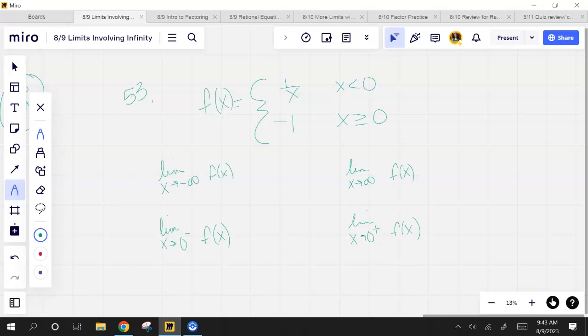Could I say that the limit as x goes to infinity of f of x equals 5 and then say, oh, but this graph also has one at 2? No, why? It wouldn't be a function anymore. They'd be right on top of each other.